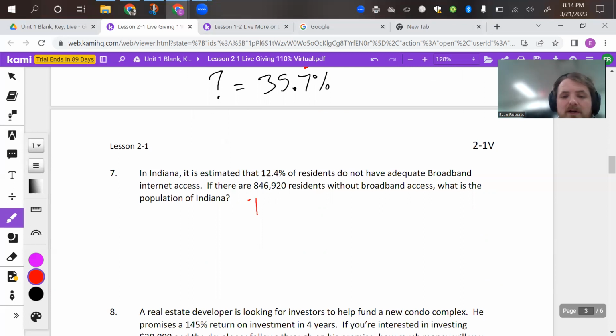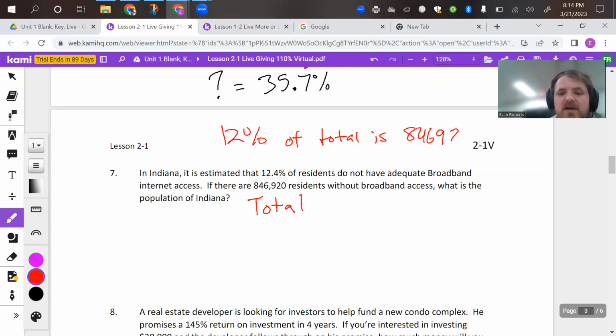So again, we want to know the total. If 12% of the total, so I'm going to say that in words, if 12% of the total is that 846,920, again, of means multiply, is means equal sign. So I would just do that total times 0.12, equaling 846,920.